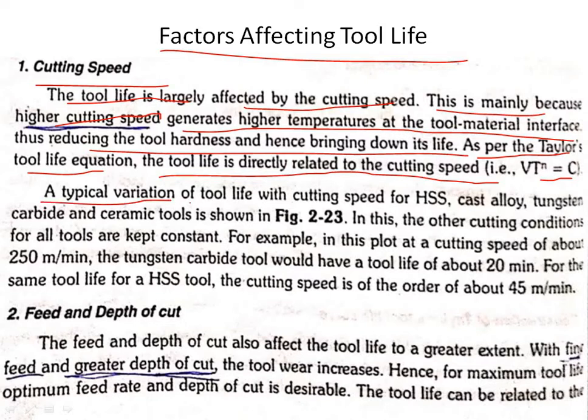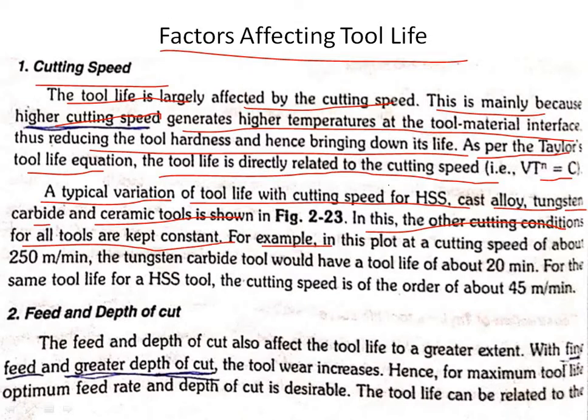A typical variation of tool life with cutting speed for HSS, cast alloy, tungsten carbide and ceramic tools is shown in the figure. In this, other cutting conditions for all tools are kept constant.